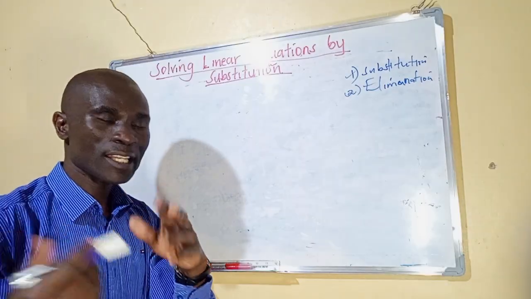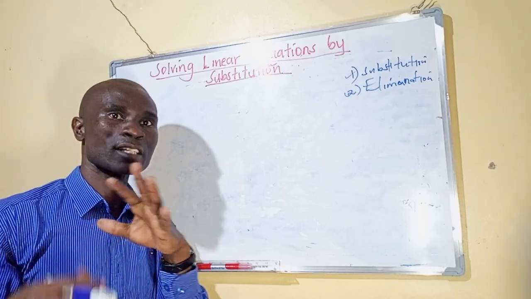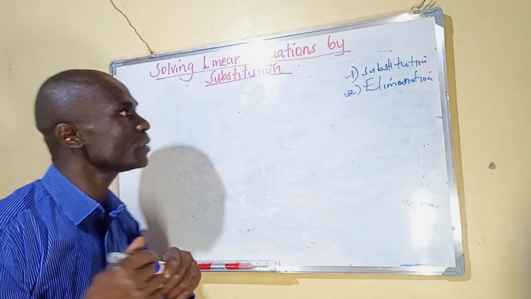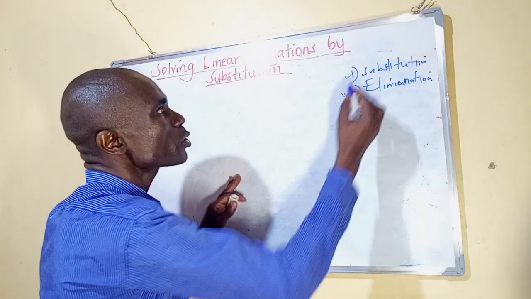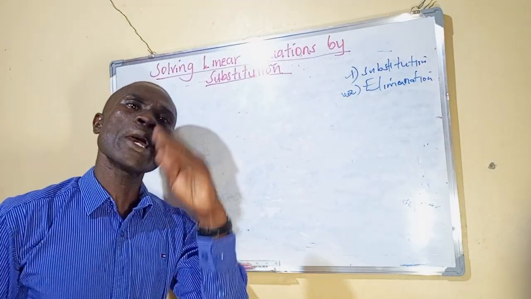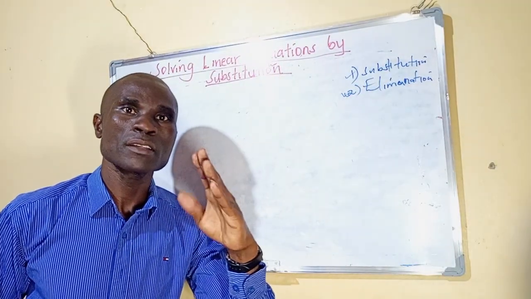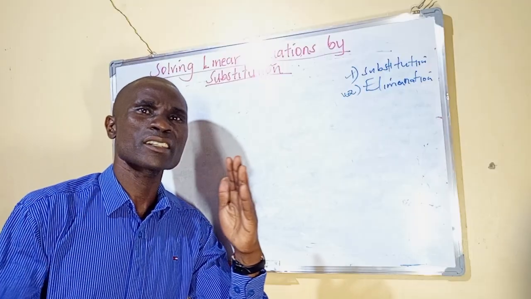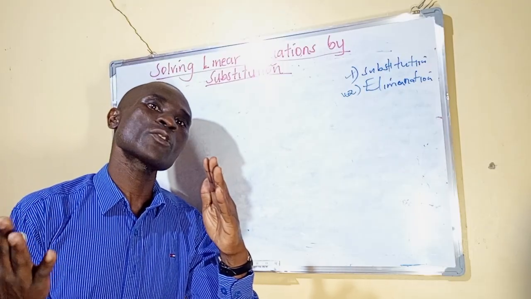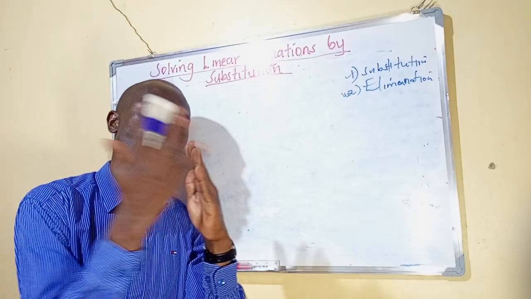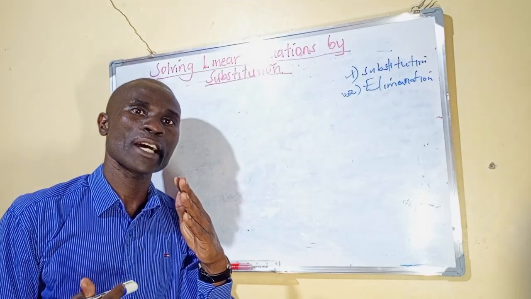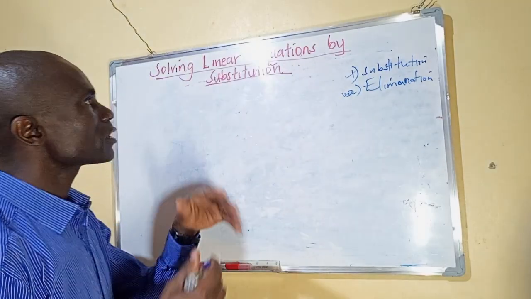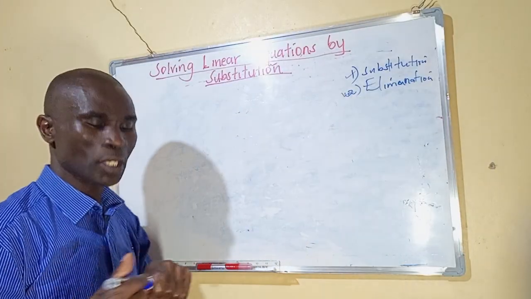We shall get to engage this and see exactly what we mean. If we are talking about elimination, to eliminate simply means removal. To eliminate is an English term that means just to remove. You are removing one unknown from that equation. Let's engage the substitution and see.